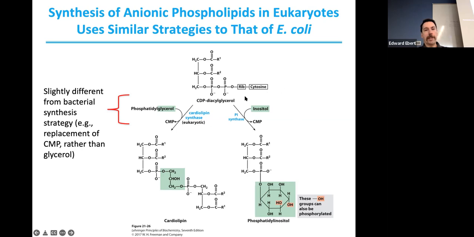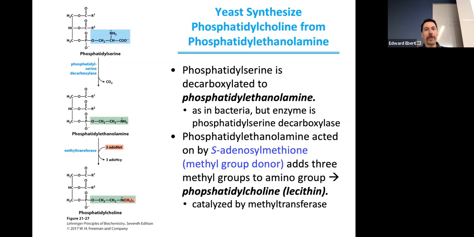And then again, we can attach inositol here, releasing our CMP, and then make our phosphatidylinositol. Then we can phosphorylate groups on there and continue making modifications. The whole point of this is that CDP is our intermediate. We're going to release CMP in pretty much any organism we're talking about. Strategies are similar, but not quite the same.